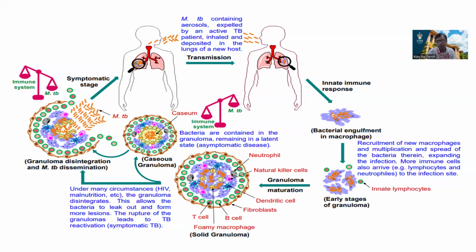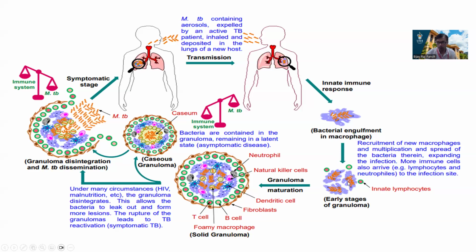Along with the macrophages, other cells like the fibroblasts, dendritic cells, and natural killer cells also accumulate to kill that bacteria, but they cannot do that. So they form the granuloma.